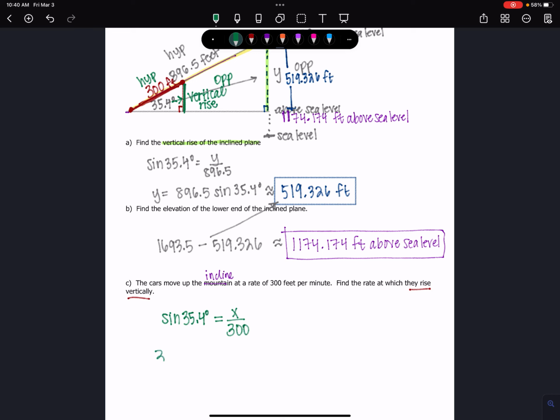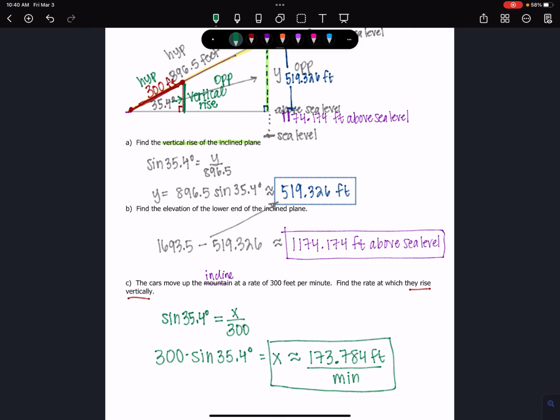I'm going to multiply both sides by 300 and put that into my calculator. 300 times the sine of 35.4, and I get approximately 173.784 feet per minute. Because remember, that's what we were measuring. It was not 300, it was 300 feet per minute. So when I multiply both sides by 300, I'm multiplying by 300 feet per minute, and that's what x is going to equal, the feet per minute.